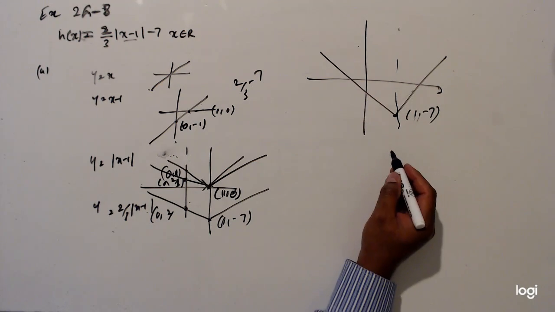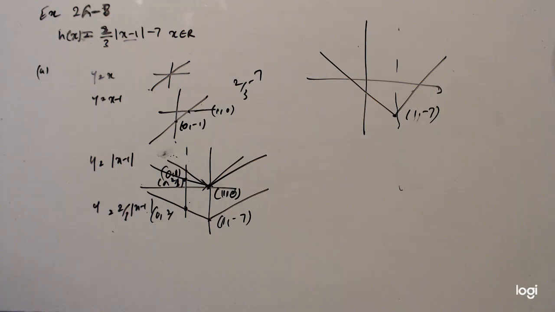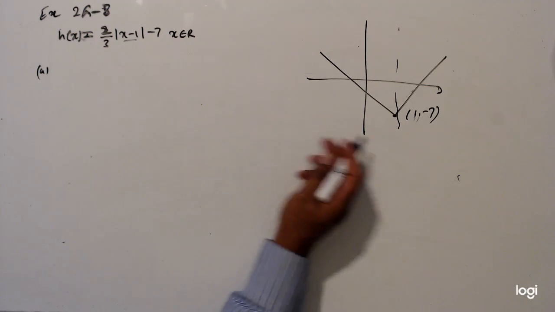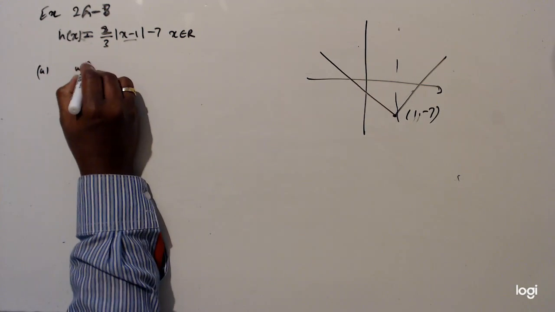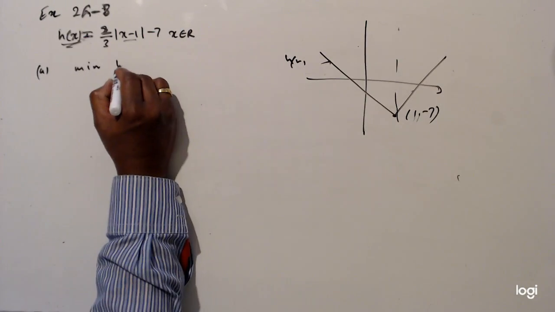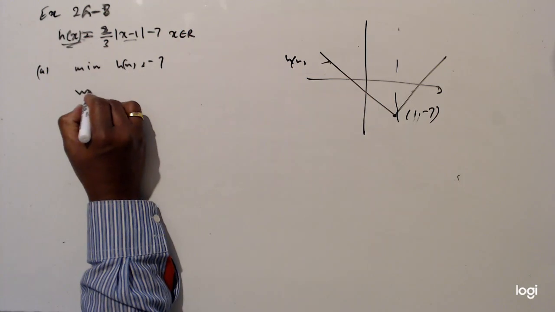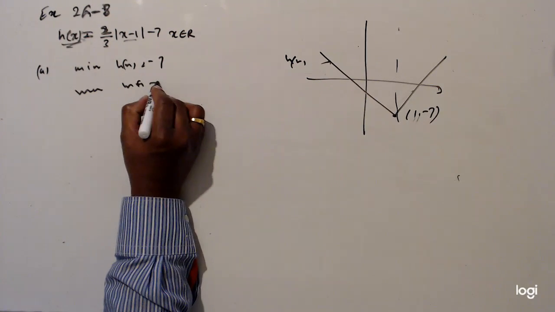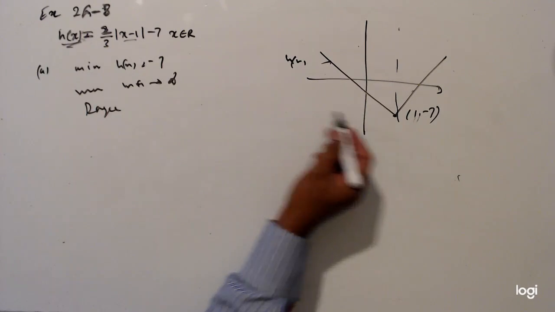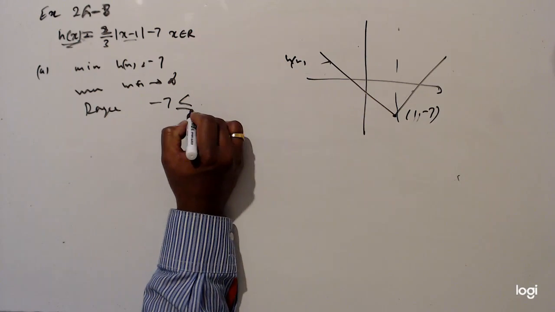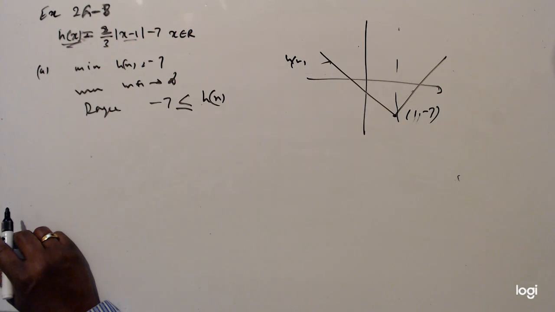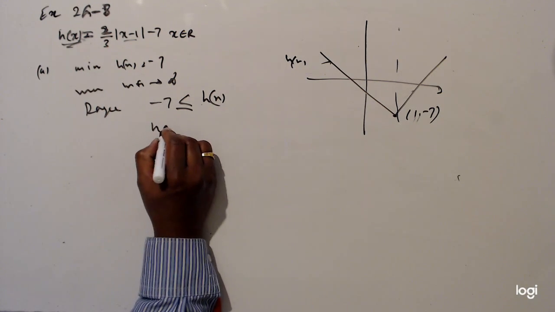So the minimum value of y is the minimum value of hx, basically this is hx minus 7. The max of hx is infinity, hence the range is minus 7 less than or equal to hx. You can write it like this as well.